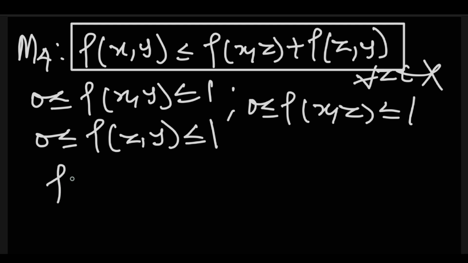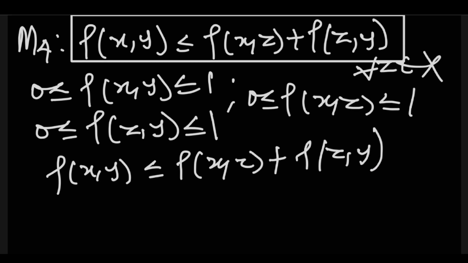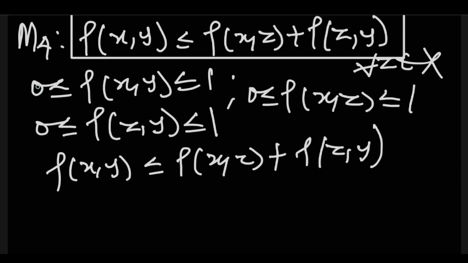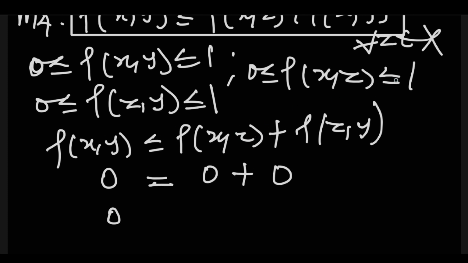Now let me rewrite it. When rho xy is 0, remember it can be equal to 0, and xz can also be 0, so you have 0. Also xy can be 1, so definitely this will be less than or equal to 1 plus 0.